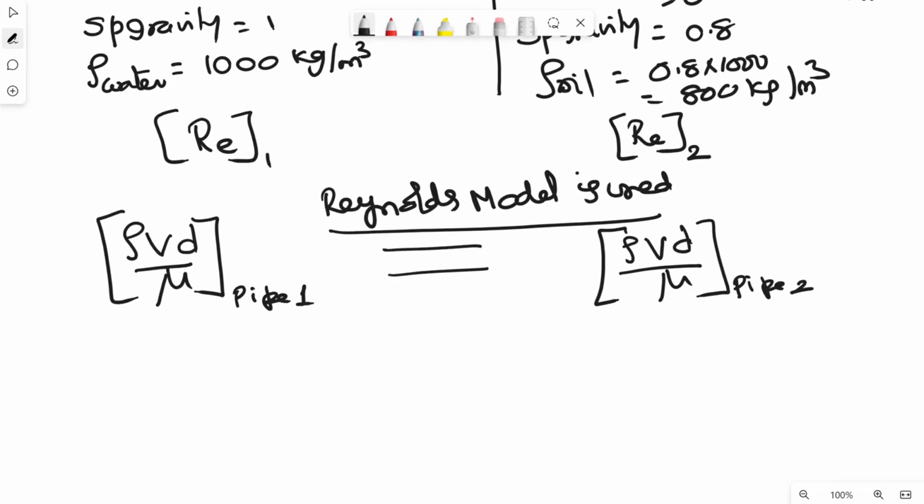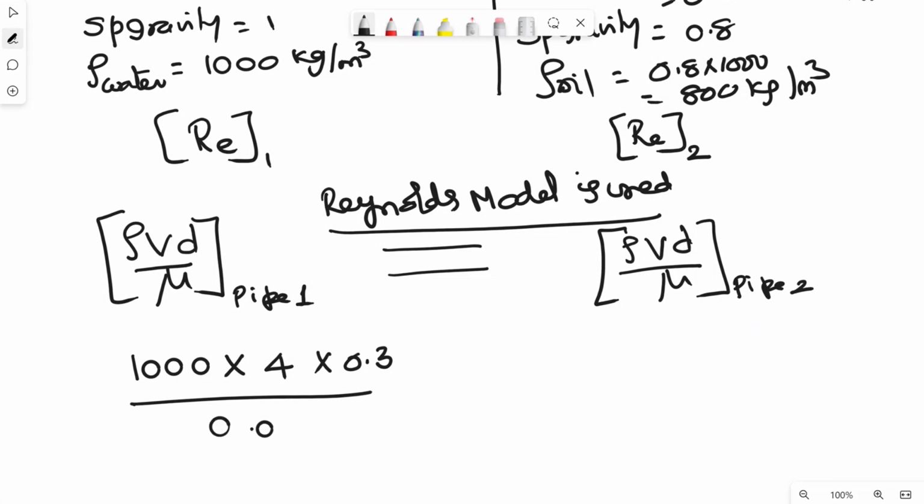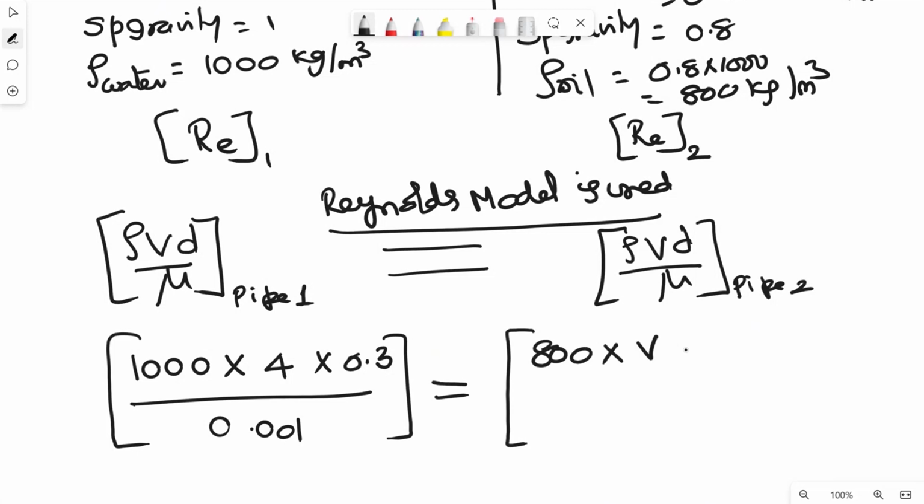So now I will take the first pipe: rho is 1000, velocity is 4, diameter is 0.3, divided by mu, which he has given as 0.001. This is equal to, on this side, rho is 800, v is not known, diameter is 10 centimeters, divided by mu equal to 0.025.